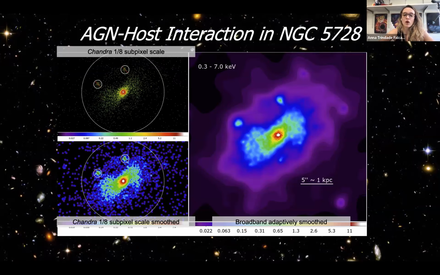And here is why you need good resolution, because when you go down to 1/8 pixel, which is the case of all of these images, then you start seeing all kinds of really neat features that go even beyond that gross association that we saw before between the narrow line emission and the X-ray emission.